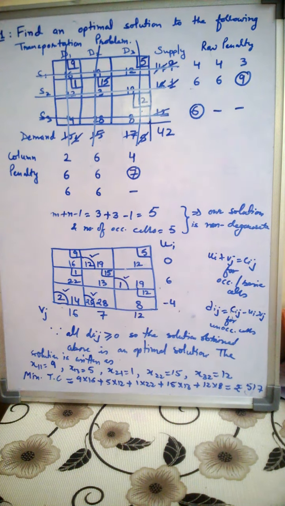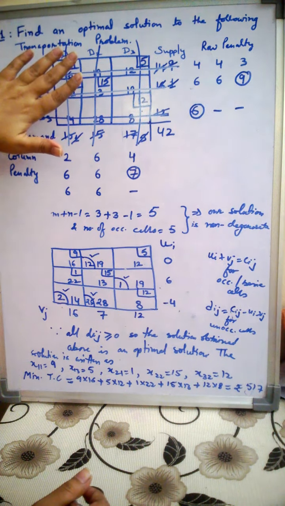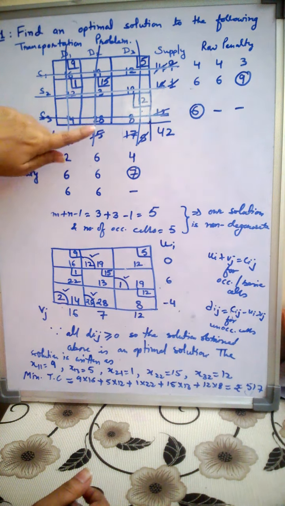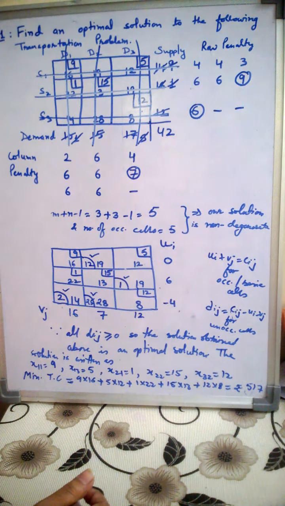So whenever the question is that find an optimal solution to the given transportation problem, or if in the question it is written that solve the following transportation problem, then that means that you need to find the initial solution as well as you have to find the optimal solution. Okay, so initial solution, if the name of the method is not mentioned in the question by which you have to find out the initial solution, so it is always advisable to use Vogel's approximation method to find the initial solution.